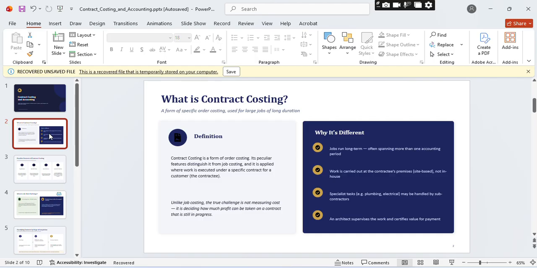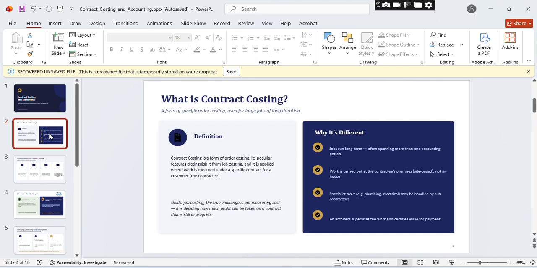And this is peculiar and quite different from job costing, because it is applied where work is executed under a specific contract for a customer, the contractee. Now, just like job costing, they are both specific order costing, and they are carried out based on the specification of the client.